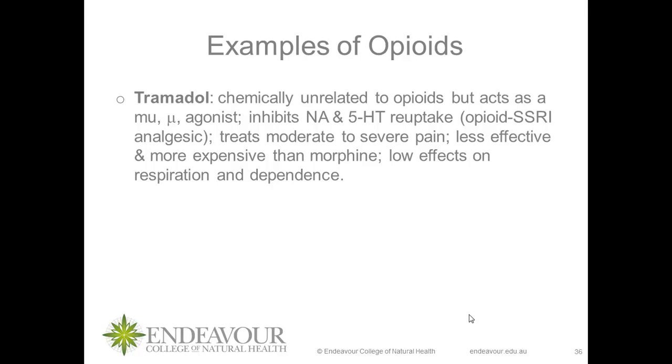Another opioid is tramadol. In fact, it's chemically unrelated to the opioids, but it still acts at the receptor, in this case the mu receptor, where tramadol is an agonist. In addition, tramadol inhibits noradrenaline and 5-hydroxytryptamine reuptake, so it's an opioid SSRI analgesic because it has that selective serotonin reuptake inhibition.